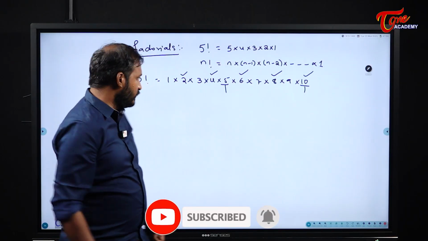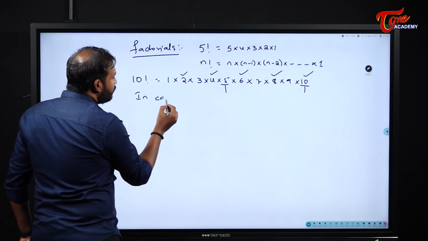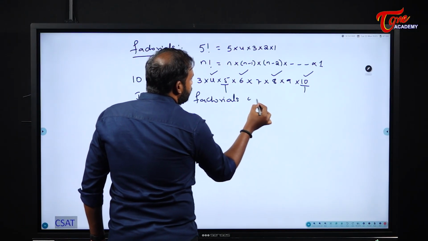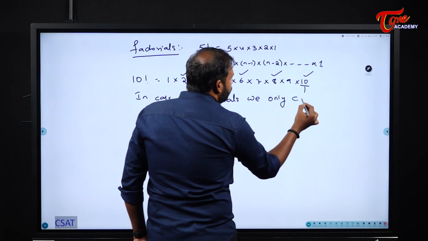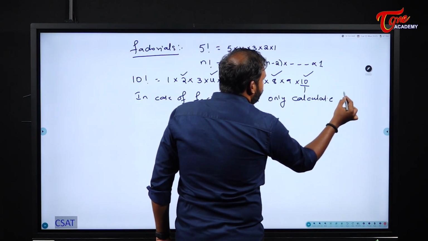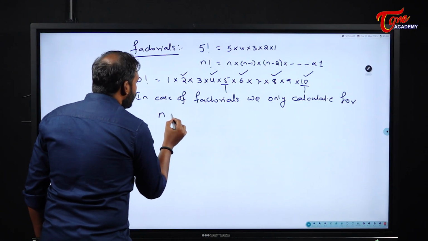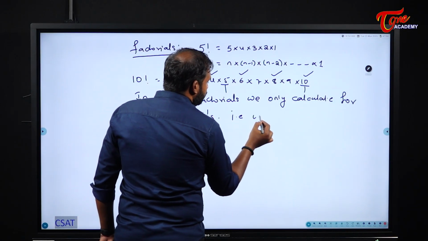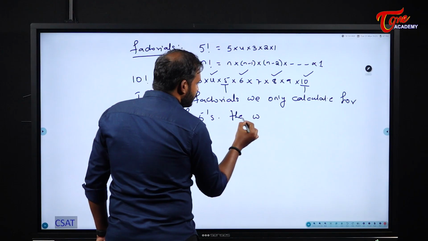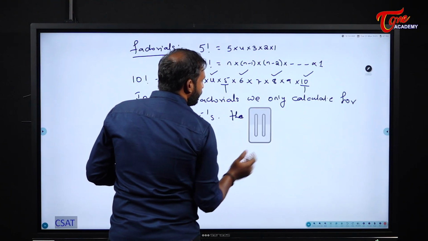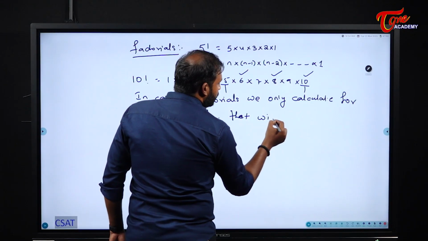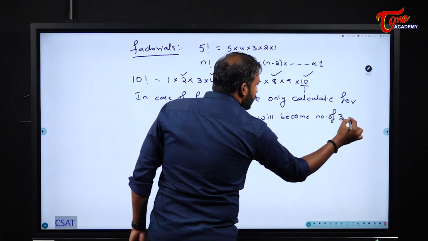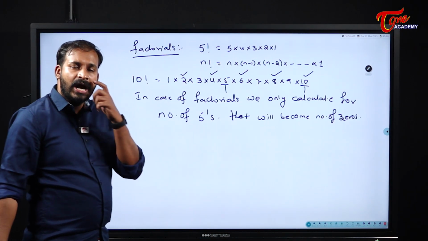So in the case of factorials, we only calculate the number of 5s, and that becomes the number of zeros directly.